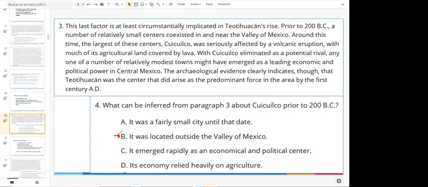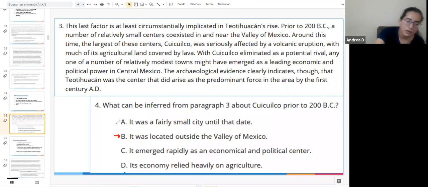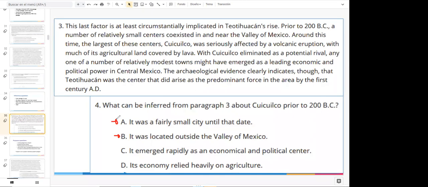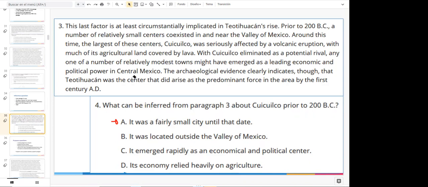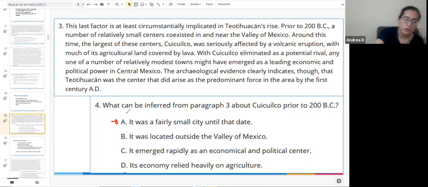Option A. Option A, yes. Okay, I made a mistake. All right. Anyone has a different one? Anyone's gonna go for something? I go for option C. Option C, okay.